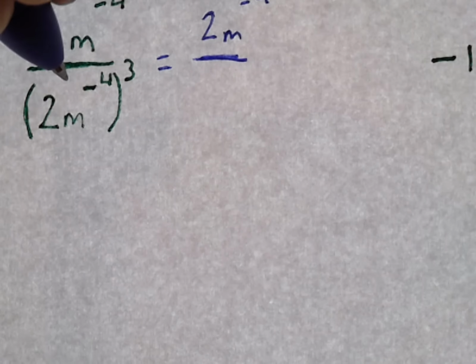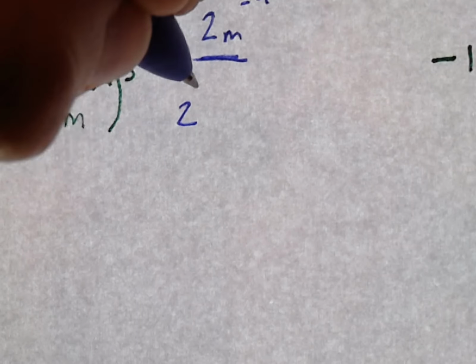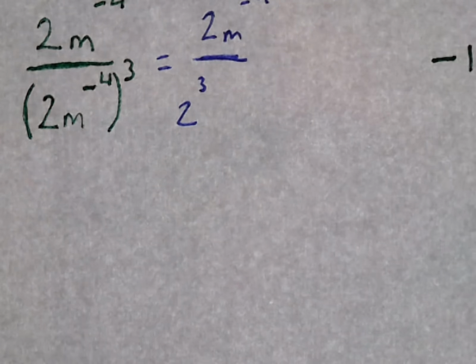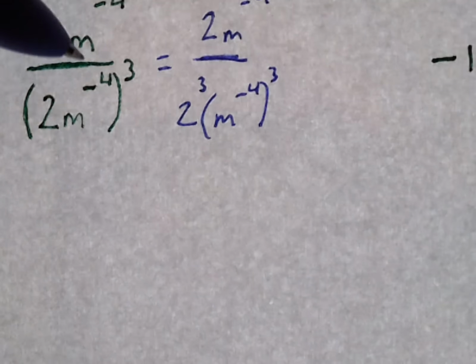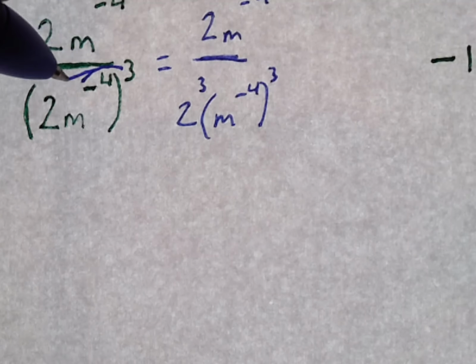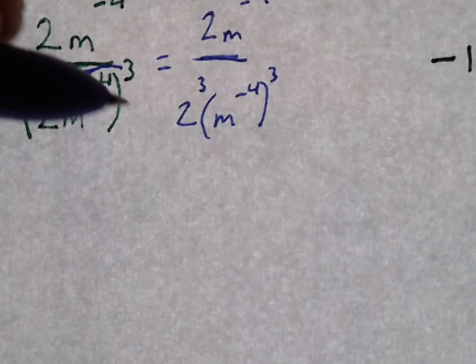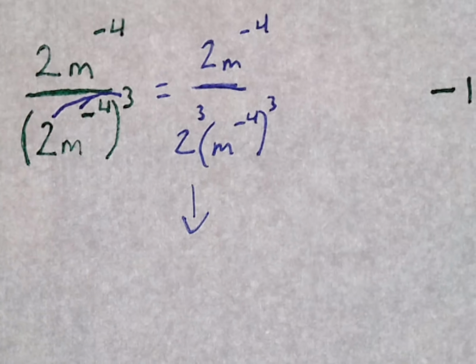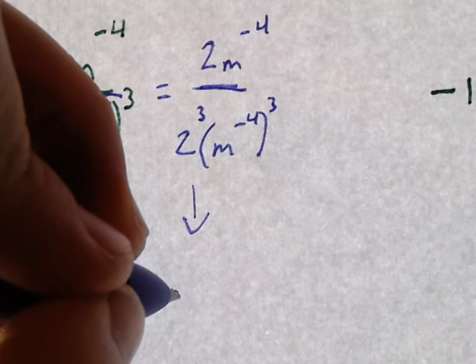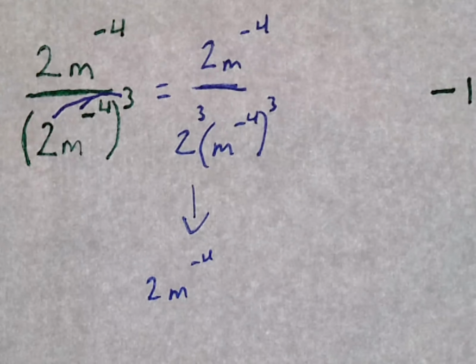I can distribute this exponent. This becomes 2 to the 3rd power, and then m to the negative 4th, but then that is to the 3rd. All I did was distribute that 3 exponent to each of these terms. I know that 2 to the 3rd, and I'm going to come down this way, I can rewrite the top, the numerator, 2m to the negative 4th.